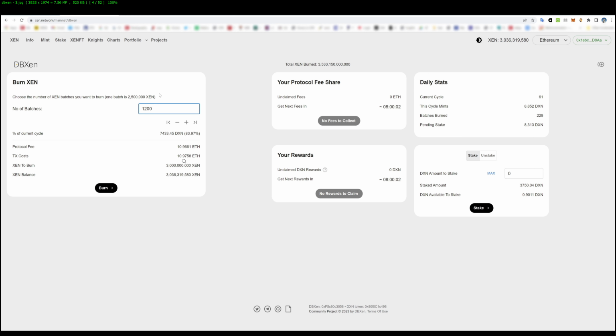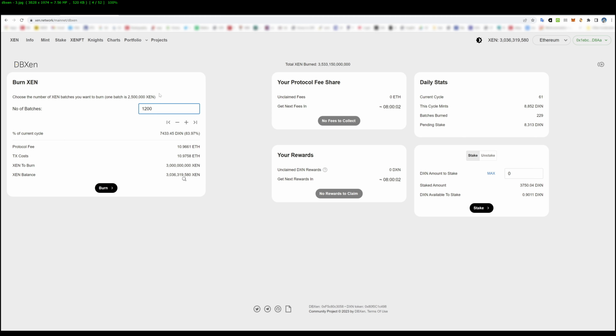If I want to do the burn at 30 GUI, let's find out how much it would actually cost me to do 1200 batches at 30 GUI. This is calculated, I don't know, the GUI was like 36, 30, 32, but it came out at 10.99 GUI for 1200 batches.